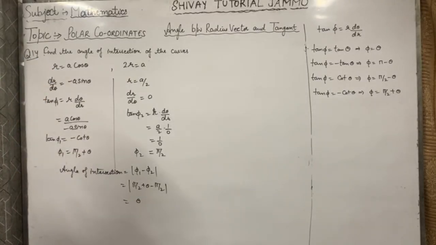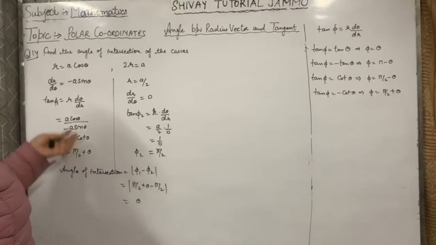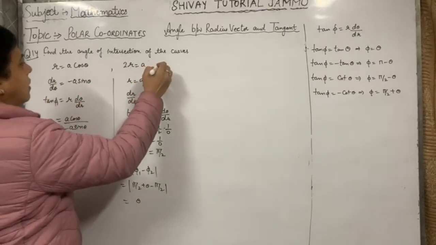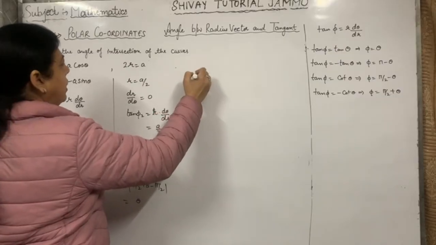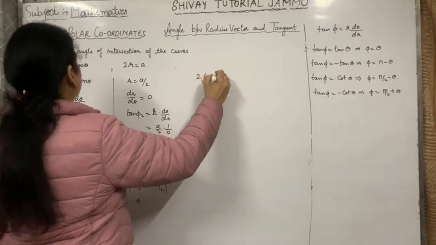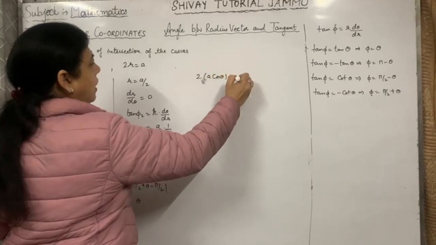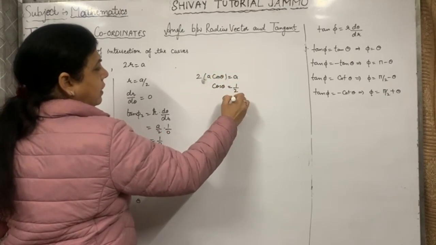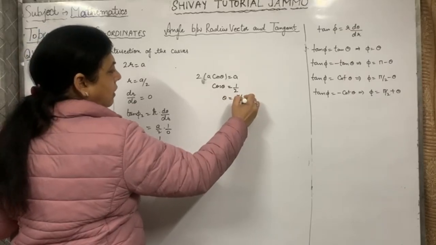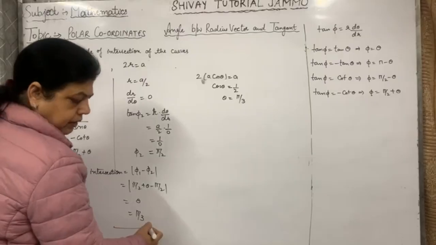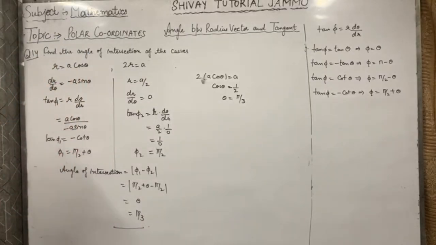And you can find the value of θ also and substitute the value of r using 1 and 2. Twice a cos θ will be a. Cos θ is 1/2 and θ is π/3, and you can substitute here, you will get θ is π/3.